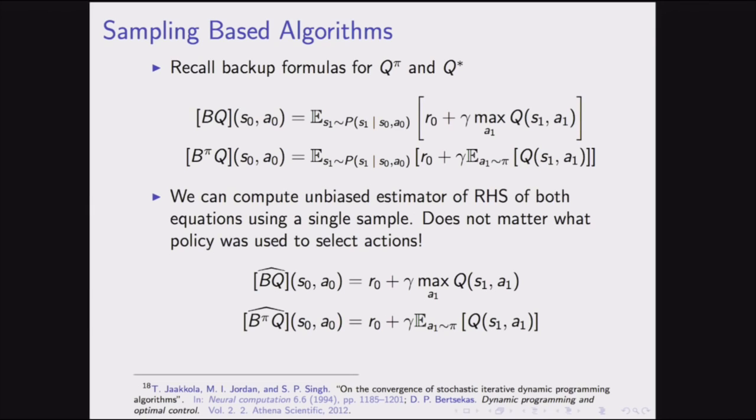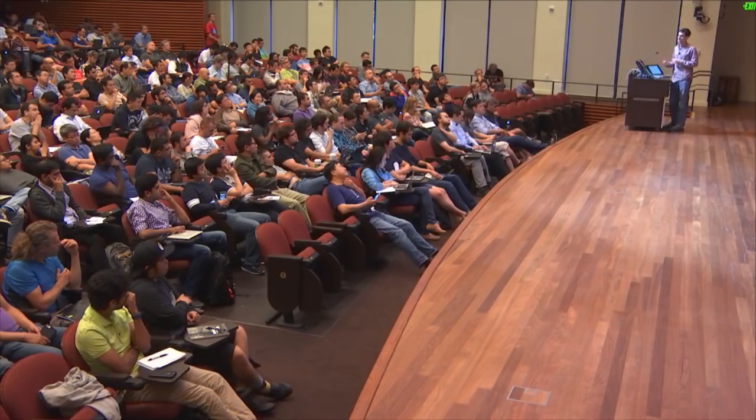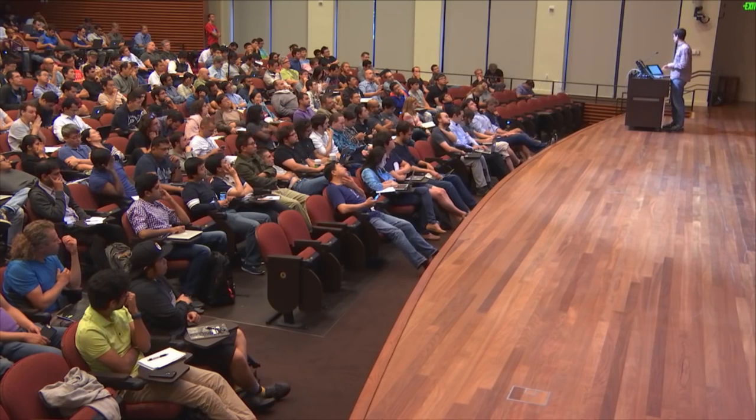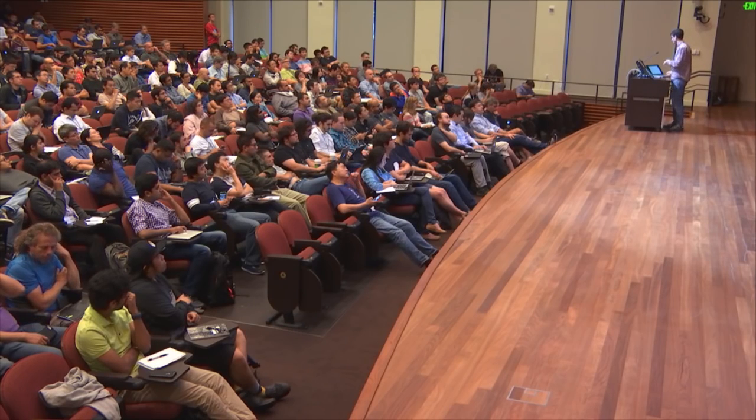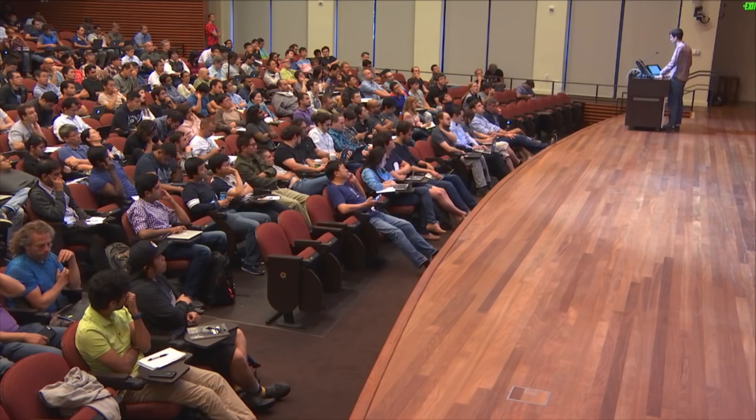So basically, we can do an approximate version of this Bellman backup, which is unbiased. Even though we're doing a noisy version of the Bellman backup, it can be proven that if you choose your step sizes appropriately with the right schedule, you're still going to converge to Q pi or Q star, depending on which algorithm you're implementing.